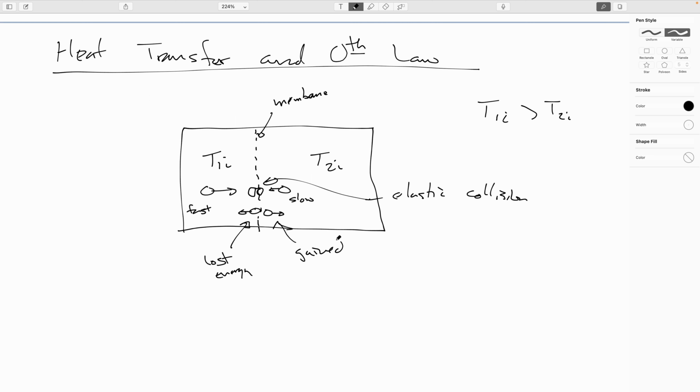So this whole process will come to a stop. So we'll have equilibrium when there's no net exchange of energy between collisions anymore. So this means that when the average energy of a molecule on the left side of the container equals the average energy of a molecule on the right side of the container.